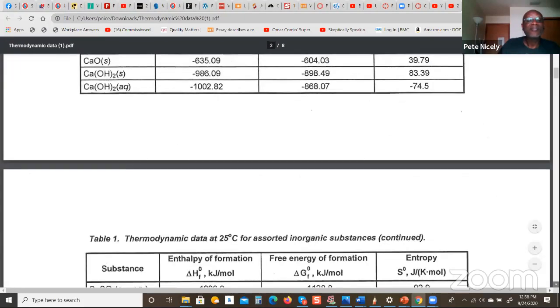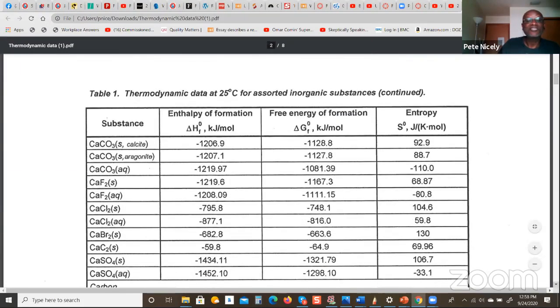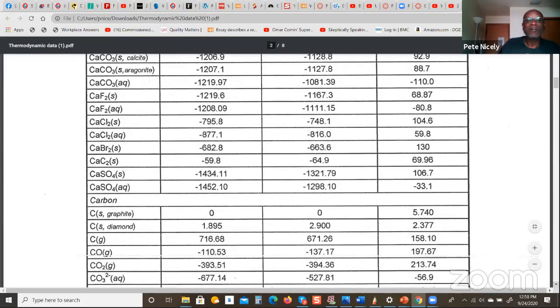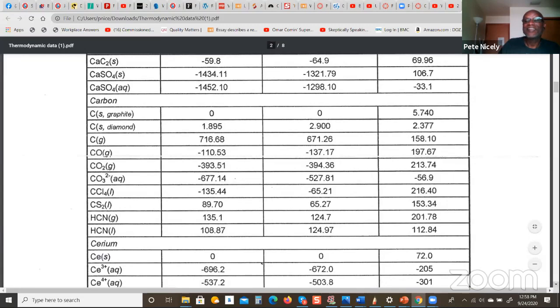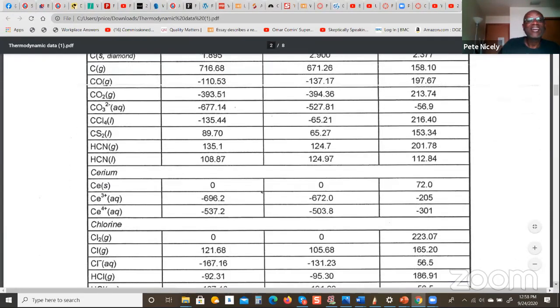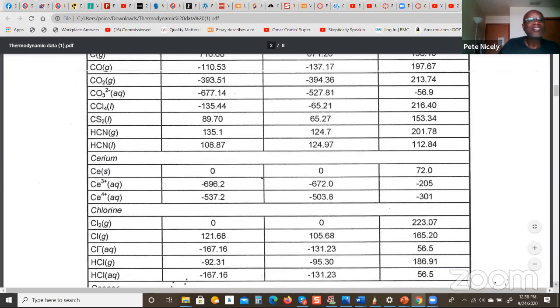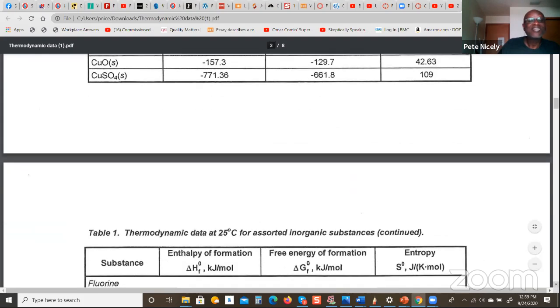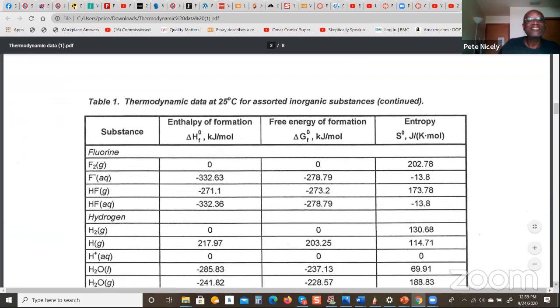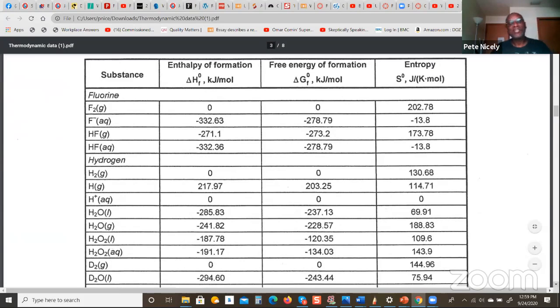Their enthalpy of formation is 0, which makes sense if you think about it, because if an element is naturally occurring under standard conditions and is not formed from anything else, its enthalpy of formation would be 0 kilojoules per mole. As you continue, you see cesium, and chlorine, which of course exists as a diatomic molecule. All these elements that exist in their natural form, in their standard states, have an enthalpy of formation of 0.